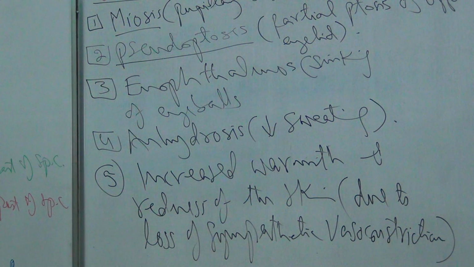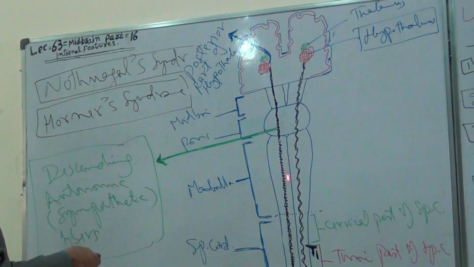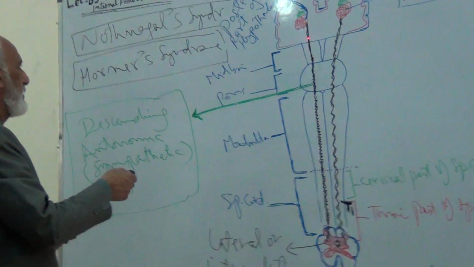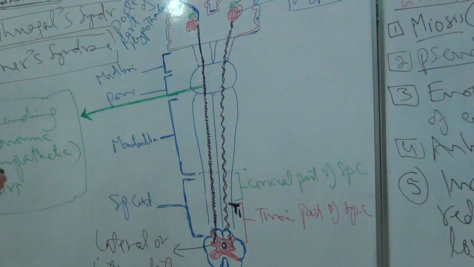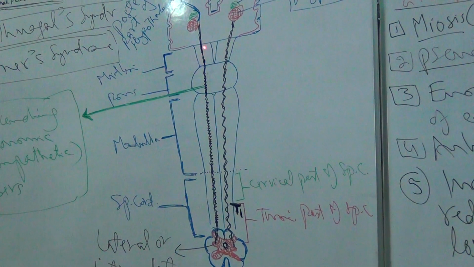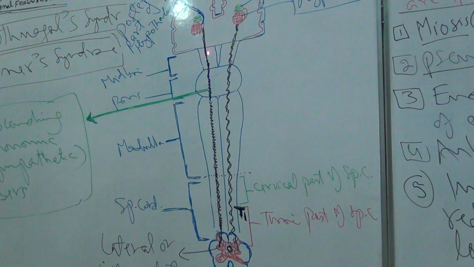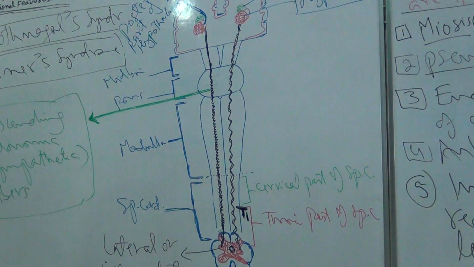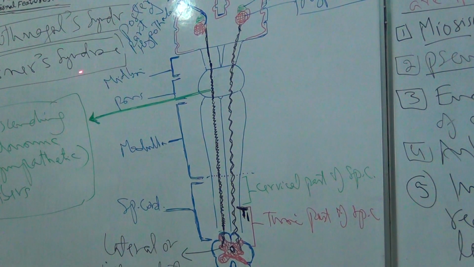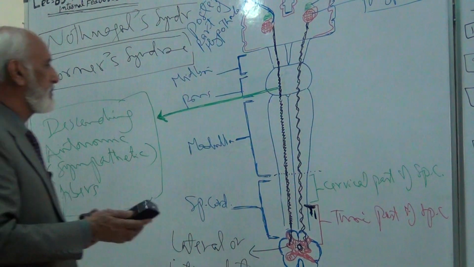So these are all features of Horner syndrome in case this descending autonomic or sympathetic pathway is damaged anywhere. Because this sympathetic pathway also traverses the midbrain, and we are talking about lesions of the midbrain, when this pathway is damaged during its course through the midbrain, it will also result in Horner's syndrome.